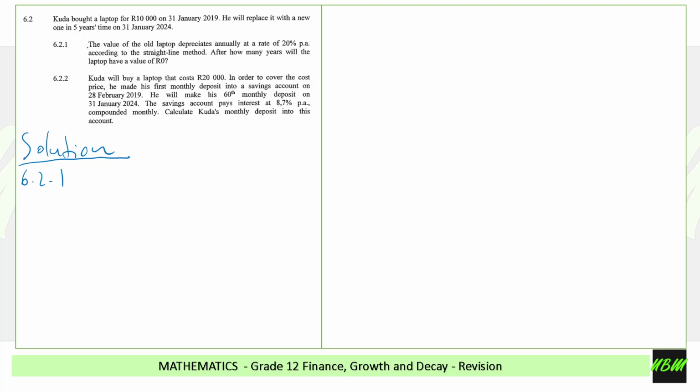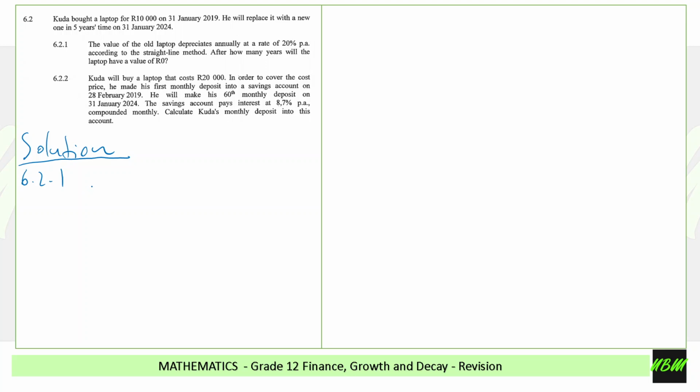Now 6.2.1, the value of the old laptop depreciates annually at a rate of 20% per annum according to the straight line method. After how many years will the laptop have a value of 0 rands?